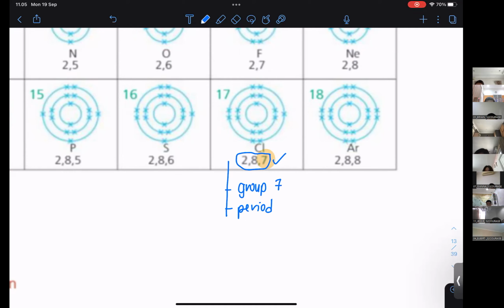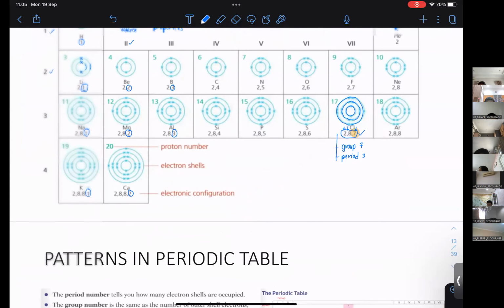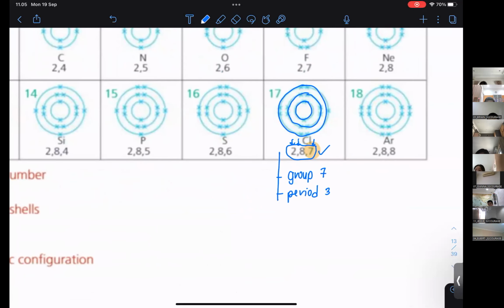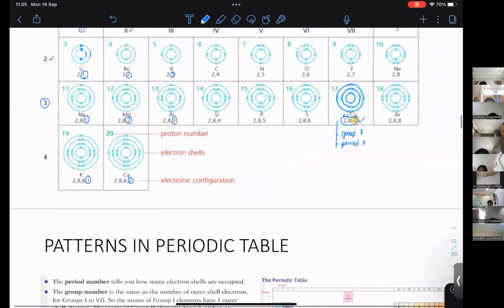Why? Because you have 1 shell, 2 shells, and 3 shells. So you have 3 shells over there, which means period number 3. You don't just simply look at the number, you need to look at the shells. So it tells us a lot of things.